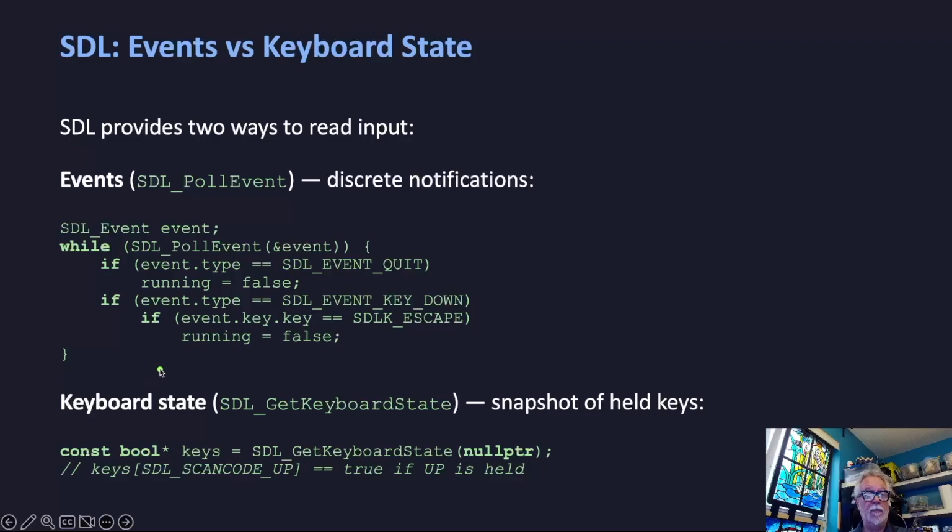And then you can go and ask at the beginning of the game loop, hey, did we get a quit event, or did we get escape being pressed down? And in both of these cases, we're just going to set this variable running to be false, which indicates that the game is over.